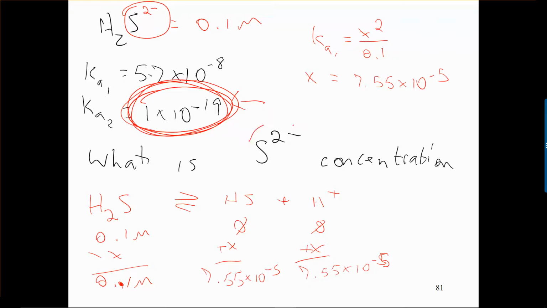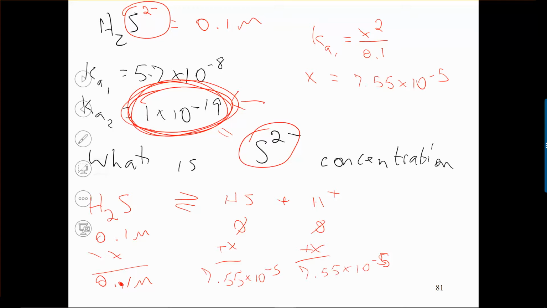What is S2 minus? If they're asking for that, then it will equal the Ka2, because by the time the second hydrogen comes off, those concentrations cancel, and S2 minus equals the Ka.